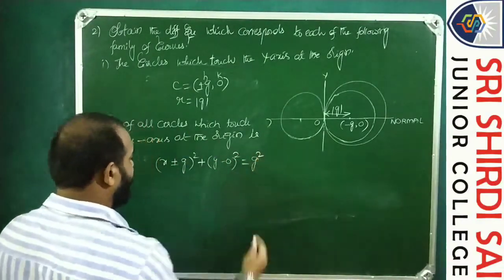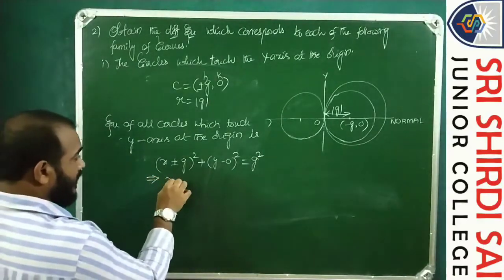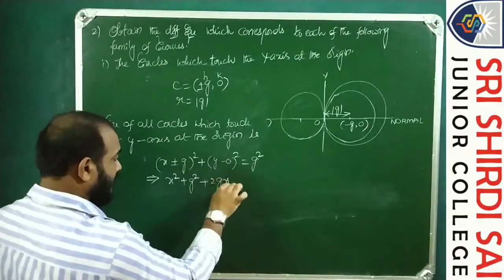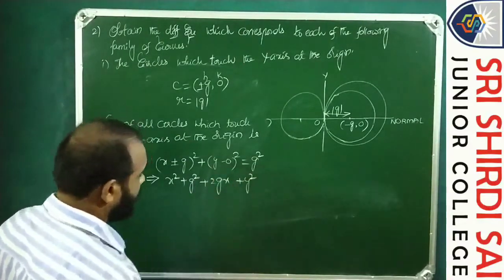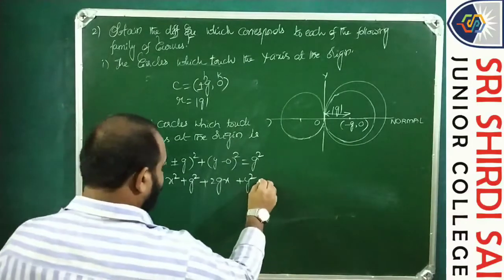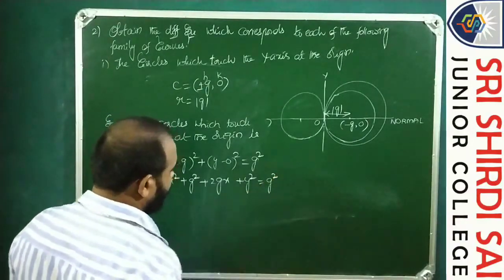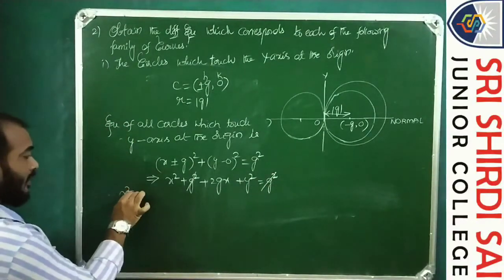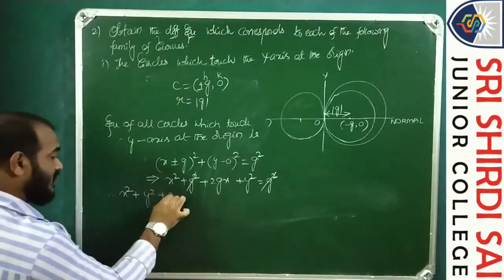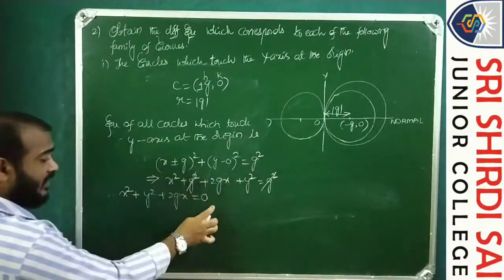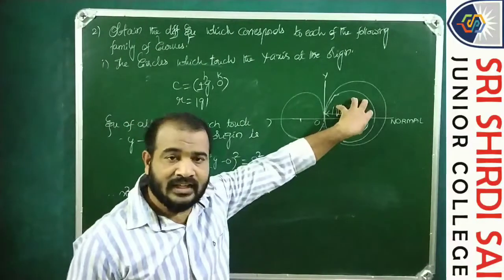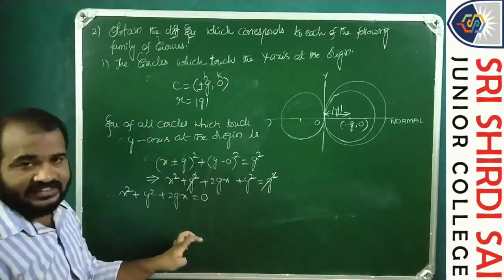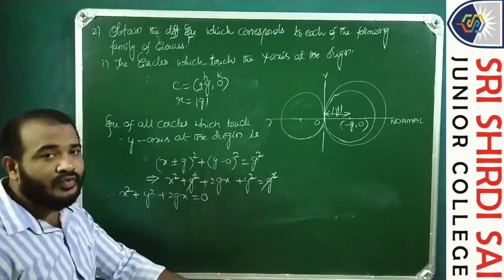So this is x square plus g square plus 2gx plus y square equals g square. So g square gets cancelled. Therefore, x square plus y square plus 2gx equals 0 is the equation. So this is not the answer. Our solution will start from this step onwards.